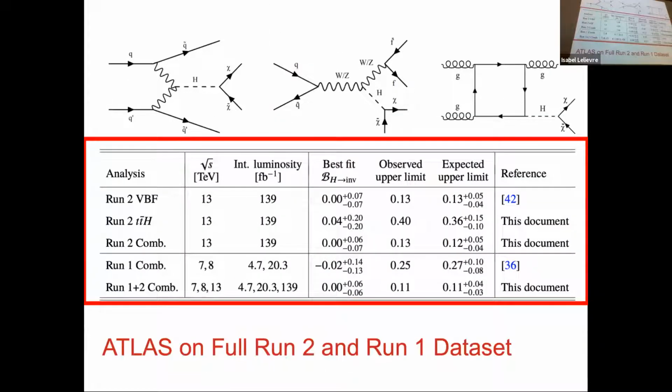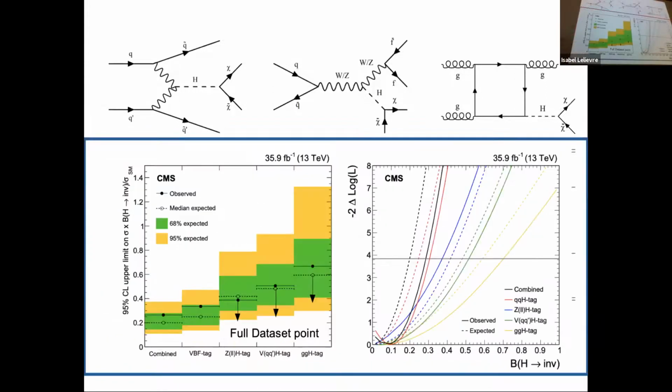Okay. And these days, people just care about the combined result. So this is the ATLAS combined result there at 0.11, and that's combining a few of these final states, not all of them. The CMS one, I think, is actually all the Higgs invisible final states.